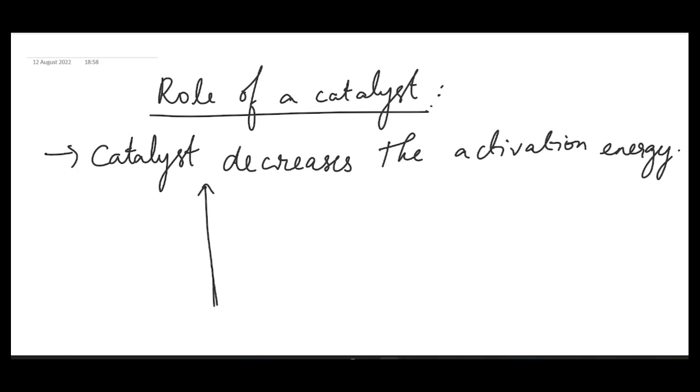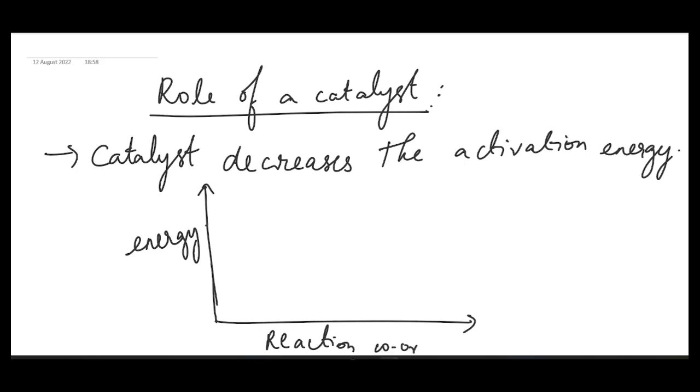Now this represents the energy of a reaction as usual, and this is the reaction coordinate. Suppose the original reaction without the catalyst happens like this according to this curve. Now if we add a catalyst, this will become the case.